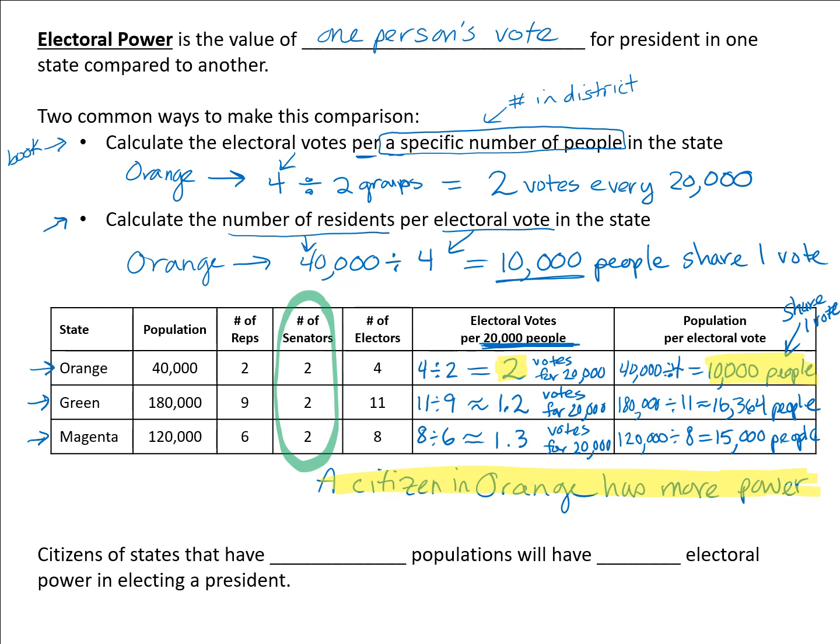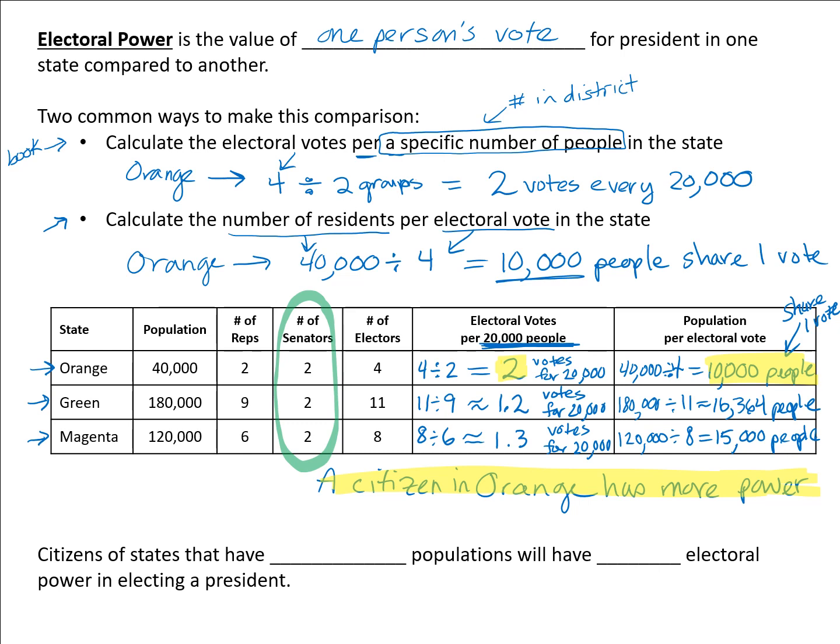And because those 2 senators that go into making up the electors are the same for every state, if we wanted to look at the population and compare it to senators, the state of Orange has 40,000 people for every 2 senators. That means that 20,000 people are represented by a single, well, they're represented technically by both, but you can think about for every one of those senator votes, there's 20,000 people there.